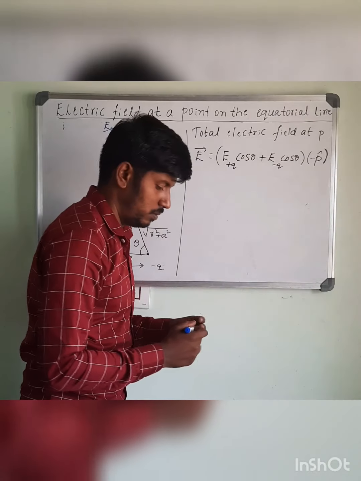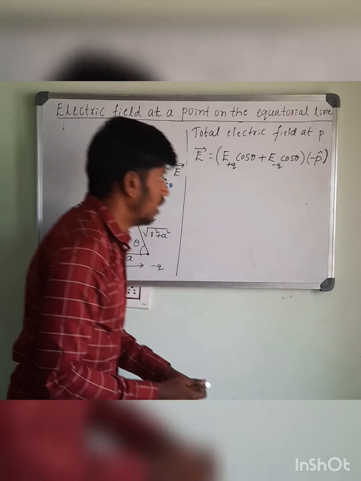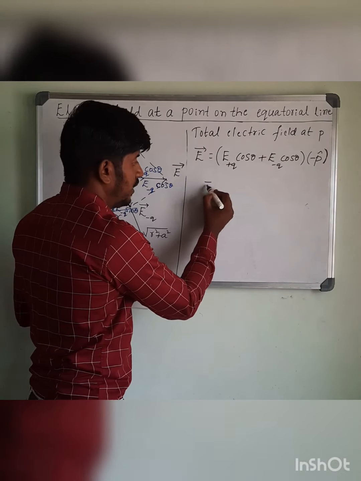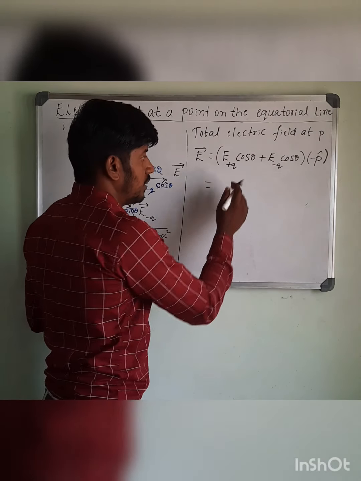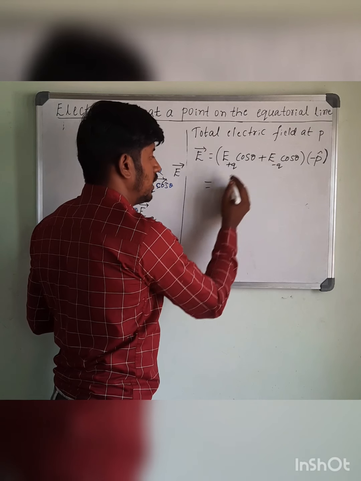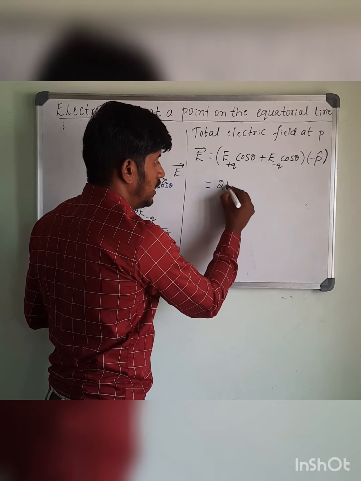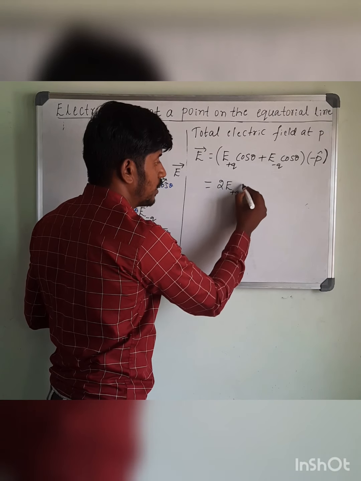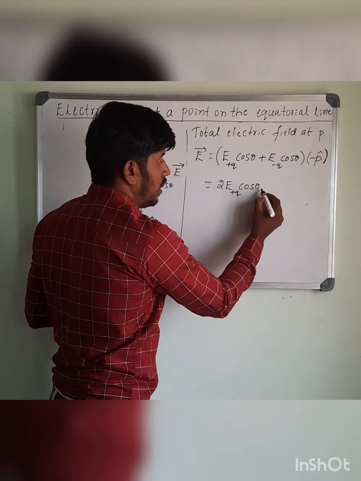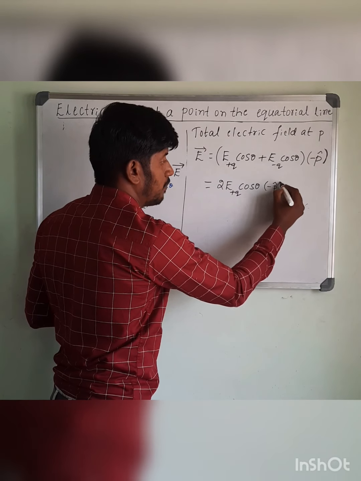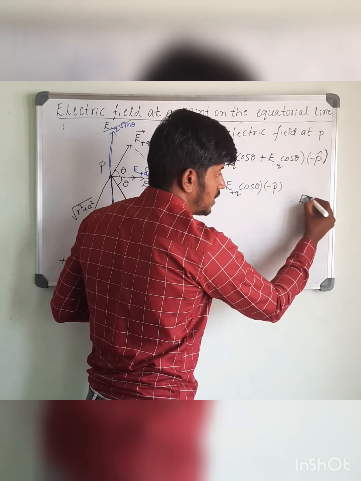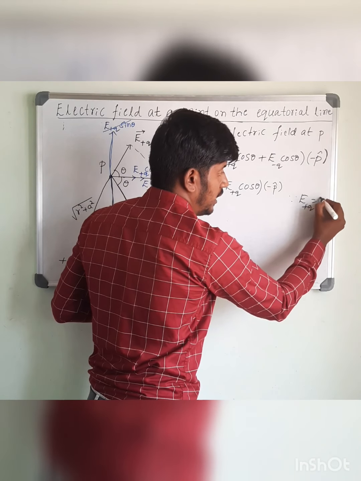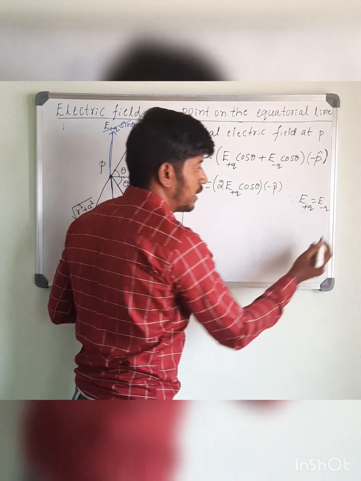Now, we know that E plus Q and E minus Q magnitudes will be the same. Therefore, E plus Q cos theta plus E minus Q cos theta becomes 2 times E plus Q cos theta into minus p cap. The reason is that E plus Q and E minus Q are both equal in magnitude.